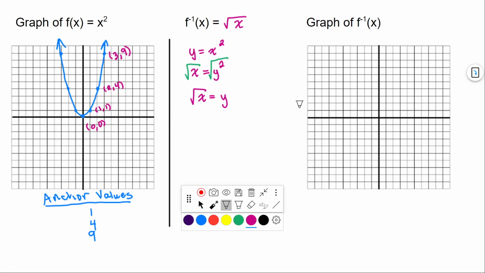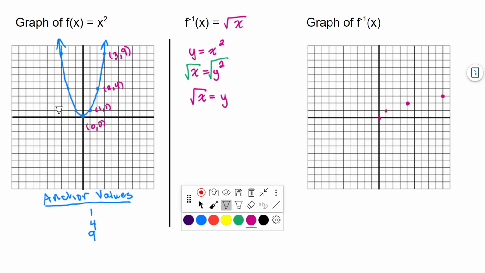So the reverse of (0, 0) is going to be (0, 0). The reverse of (1, 1) is going to be (1, 1). The reverse of (2, 4) is going to be (4, 2). The reverse of (3, 9) is going to be (9, 3).